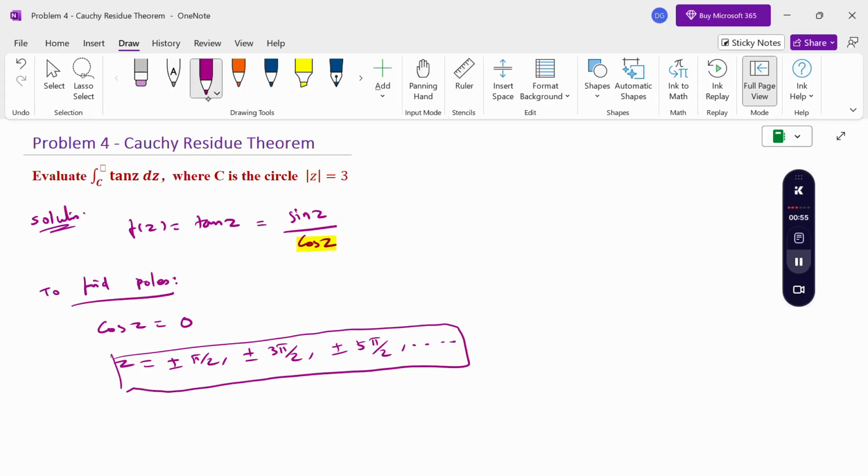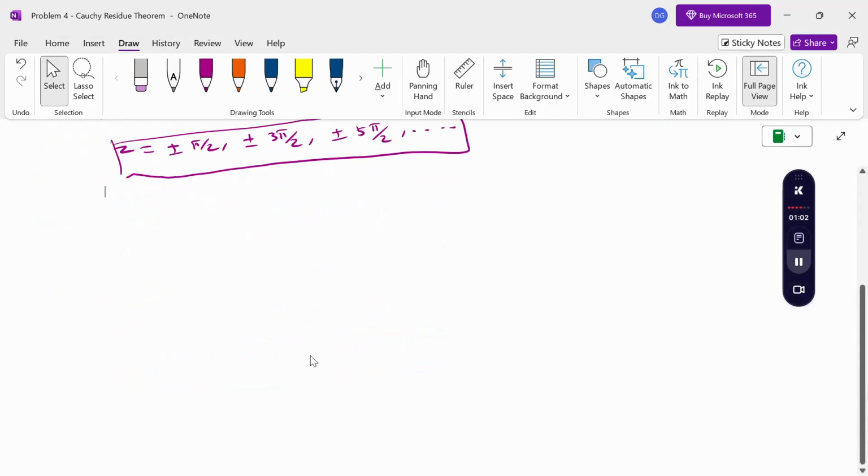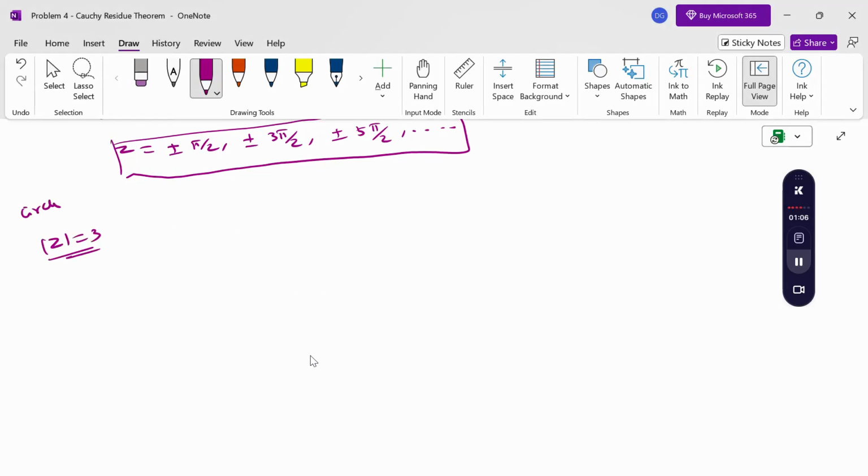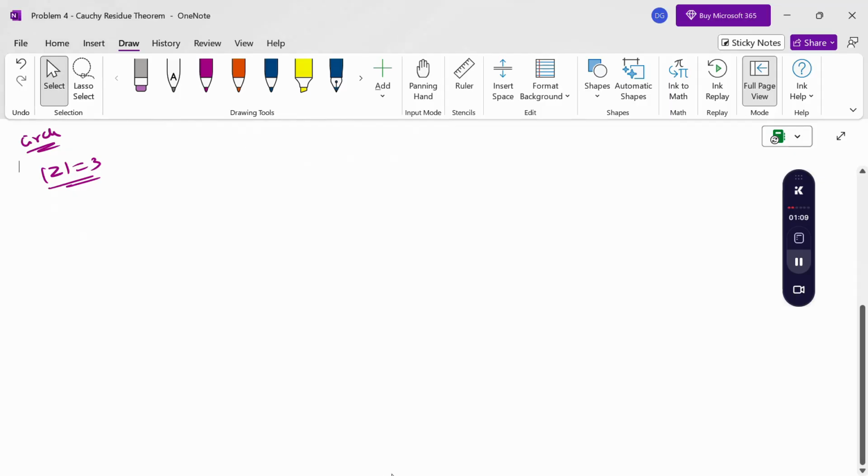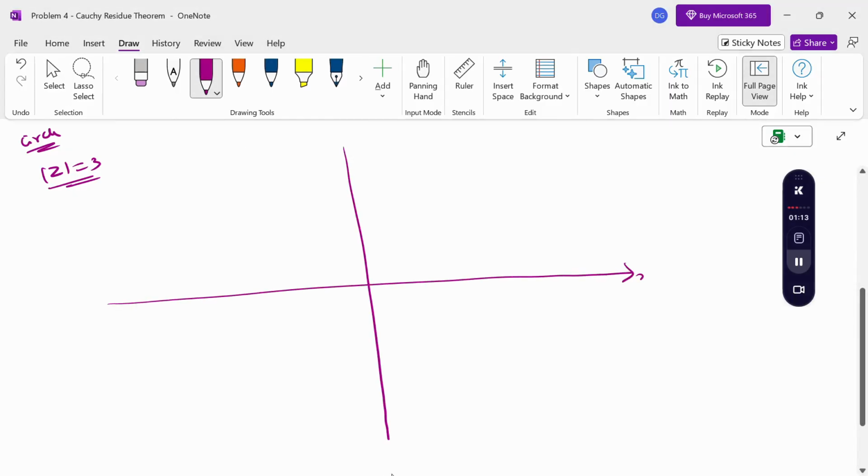To check whether these points are inside the circle or outside the circle: now the circle is modulus of Z equal to 3. This is the x-axis and y-axis, with the points 1, 2, 3, minus 1, minus 2, minus 3.